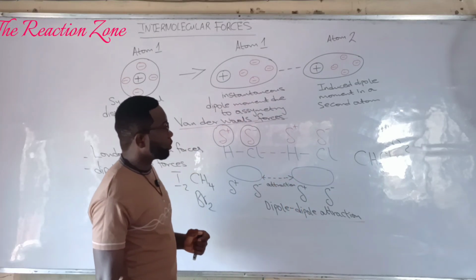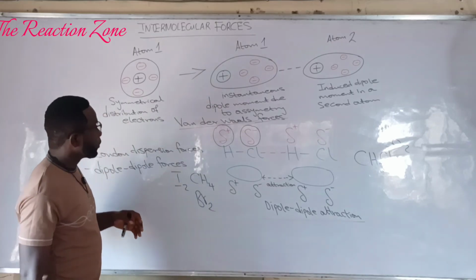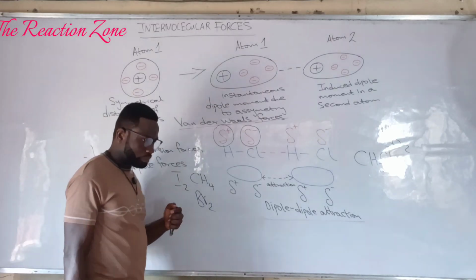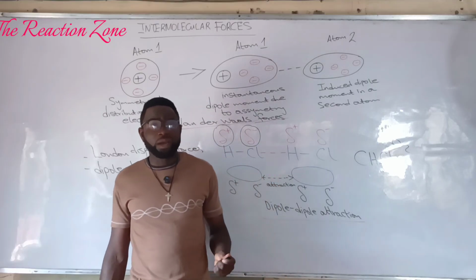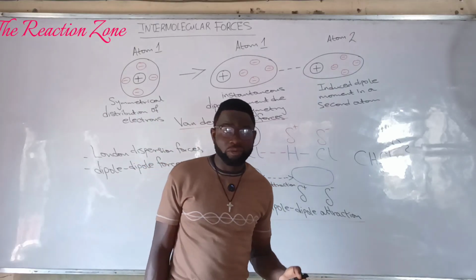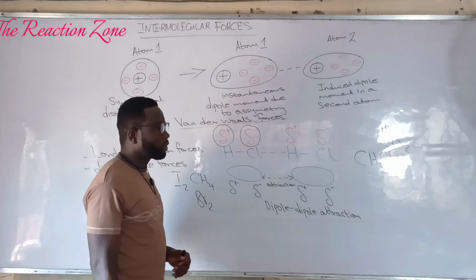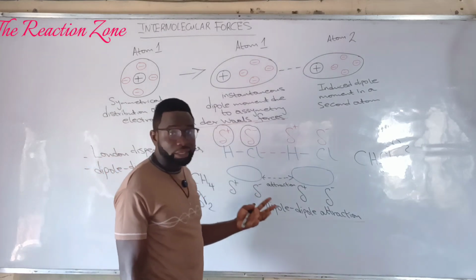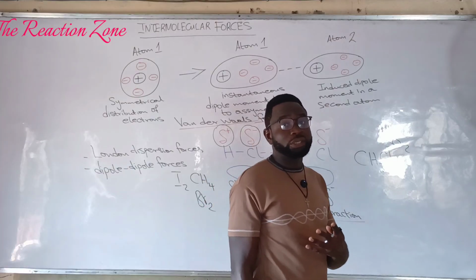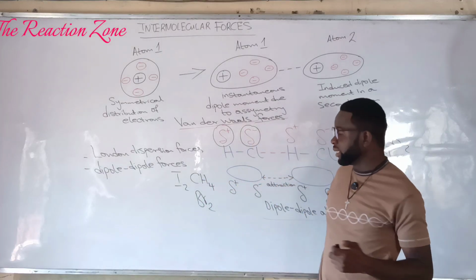It also enables us to understand why some substances have unusual properties, taking for instance, why water has an abnormally high boiling point. It also enables us to understand why some substances melt easily and why some other substances boil easily.